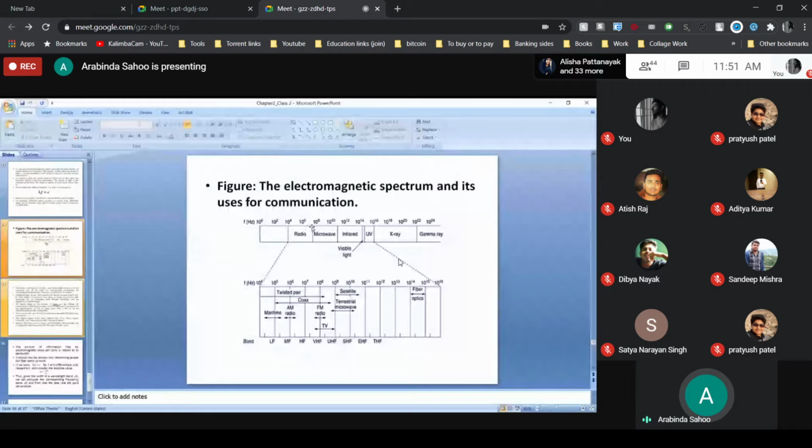It is known as your radio frequencies. Then from 10 to the power 8 to 10 to the power 12 is your high frequency.